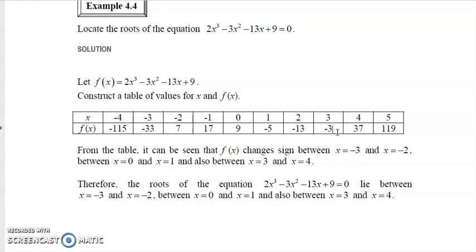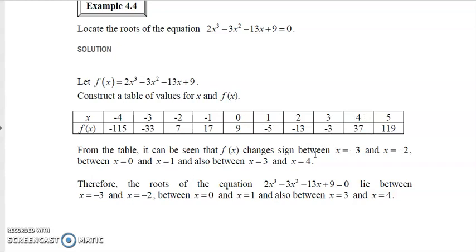There is a change of sign, negative here, positive here, and here positive, here negative, and here negative, here positive. Means there is a root between -3 and -2, a root between 0 and 1, and another root between 3 and 4.